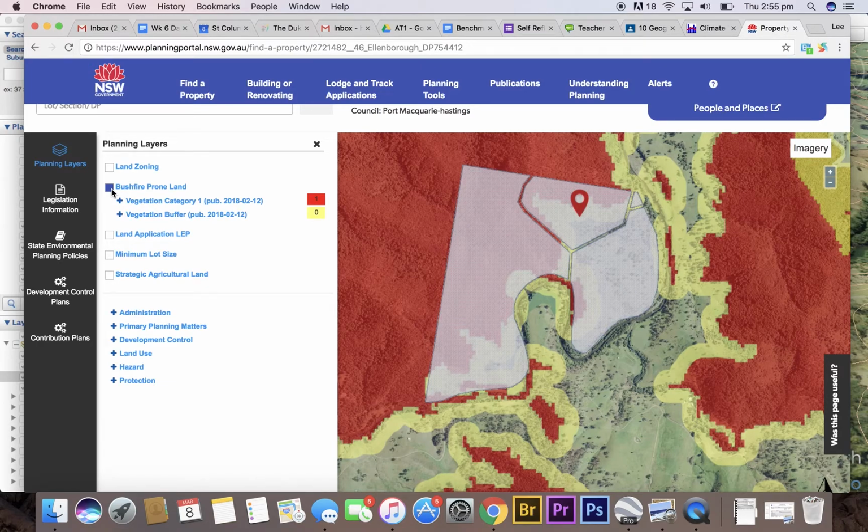Not so much man-made fires, maybe through accident like I mentioned before, but maybe a bushfire starts by a lightning strike and spreads throughout the property. So those areas in yellow are those buffer zones where there might be small amounts of trees and shrubs. The areas not shaded are obviously clear.